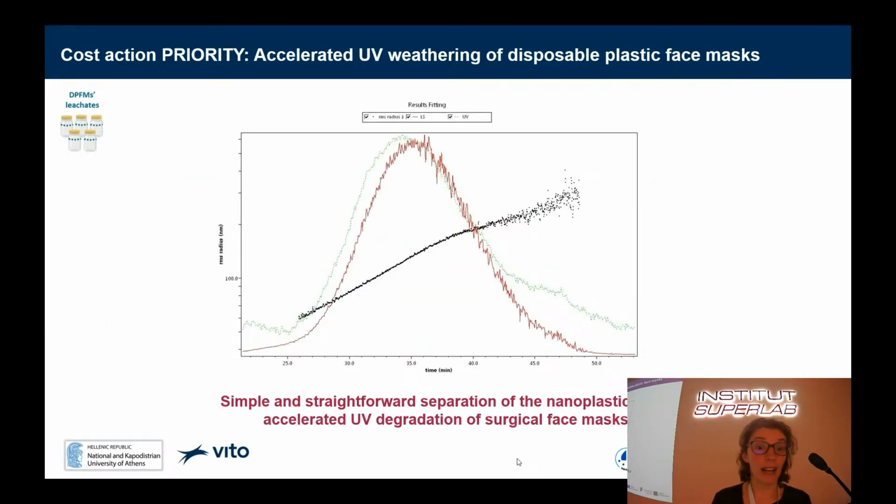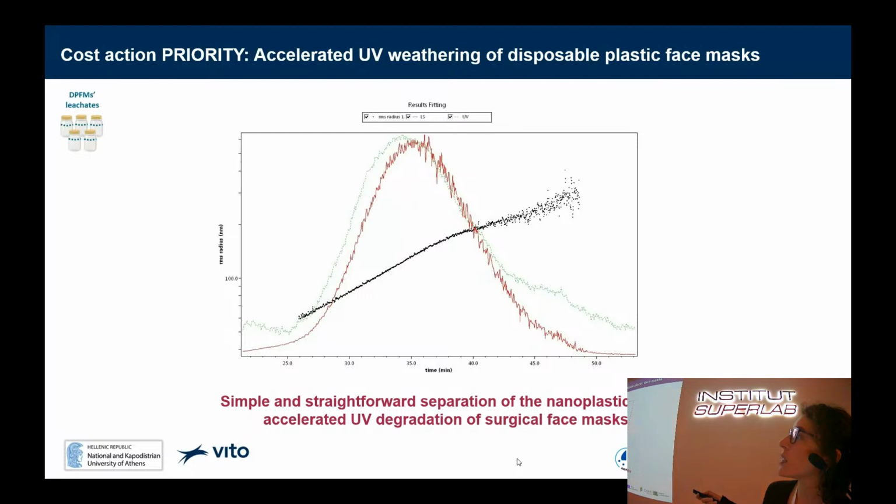Of course, one of my favorite techniques, because I did a lot during my postdoc on the method development of analysis of the metallic nanoparticles. Now we use it also for the UV weathered disposable plastic face mask. After accelerated weathering, once you see it at the DLS, you can also then analyze it by using the field flow fractionation coupled to the multi-angle light scattering.